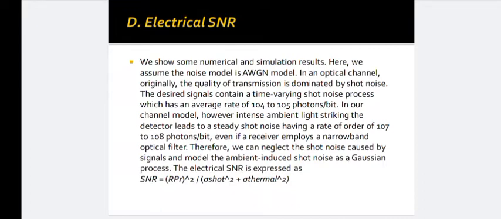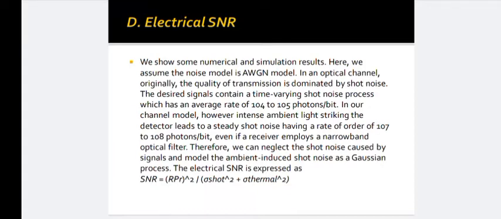The desired signal contains a time-varying shot noise process which has an average rate of 0.4 to 0.5 photons per bit. Ambient light has a shot noise rate of the order of 0.7 and 0.8 photons, that is light striking the detector.